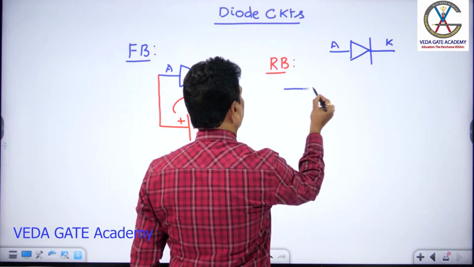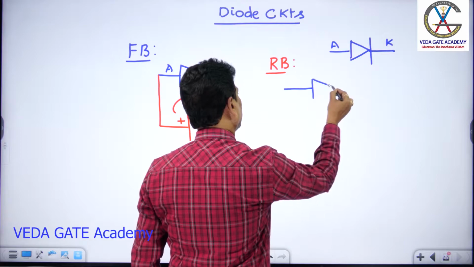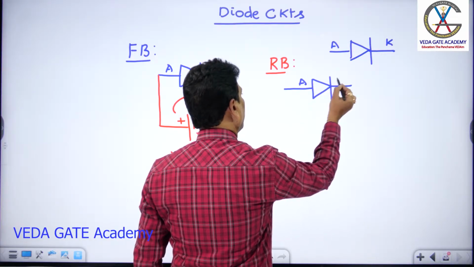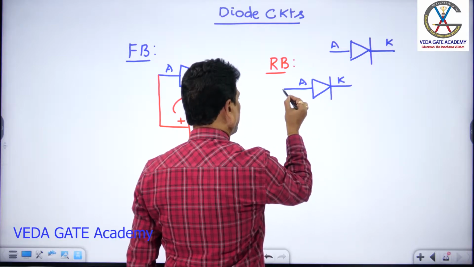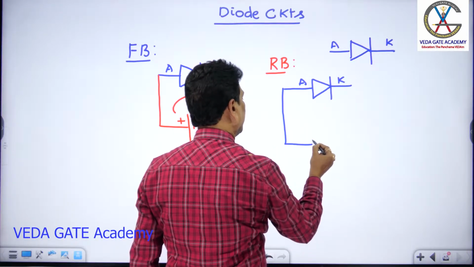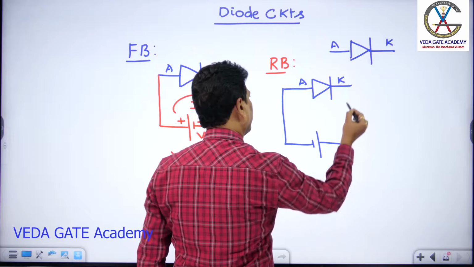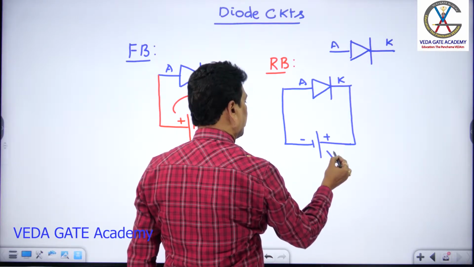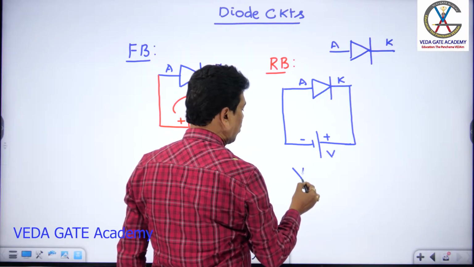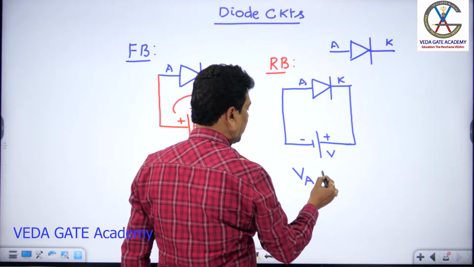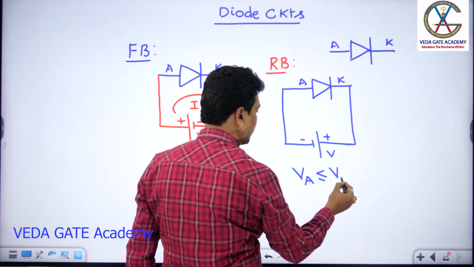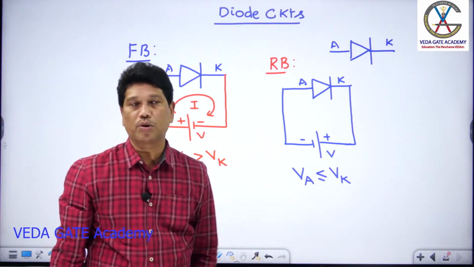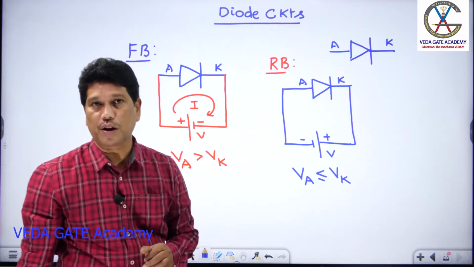Here the anode potential is less than or equal to the cathode potential, and the diode is in reverse bias.